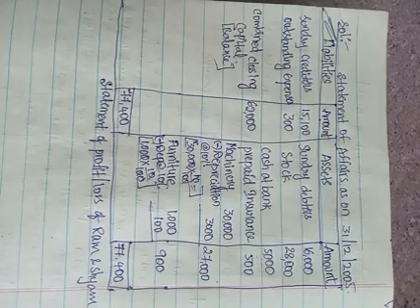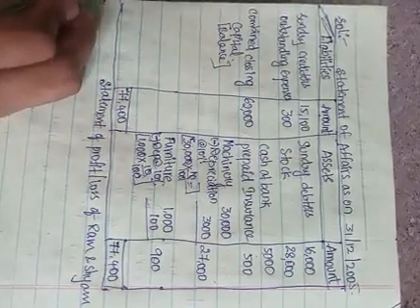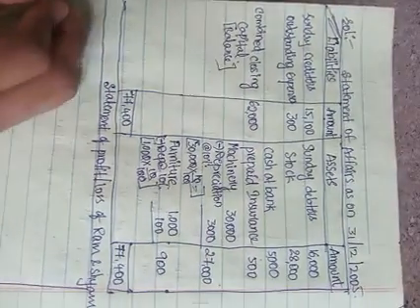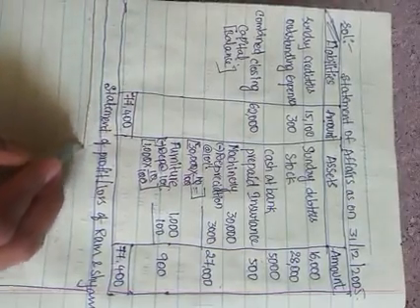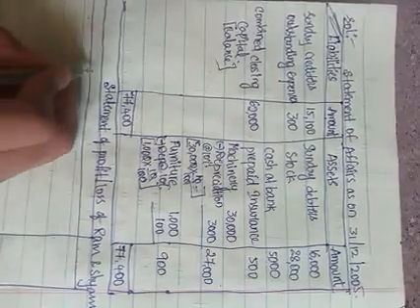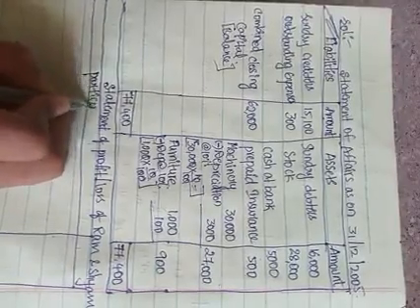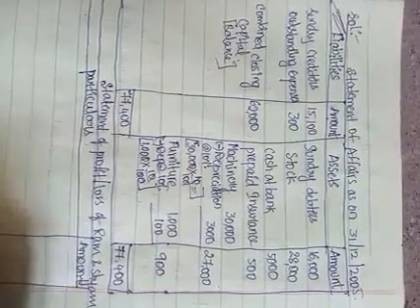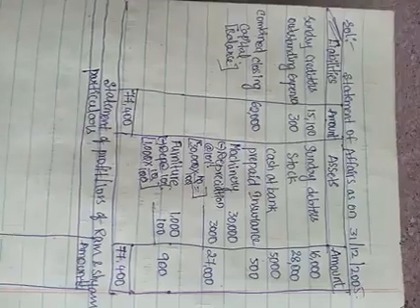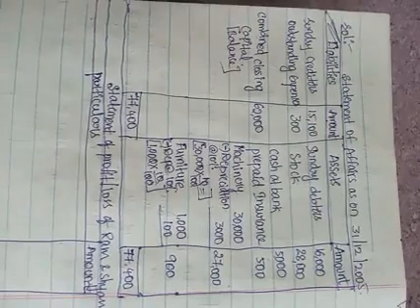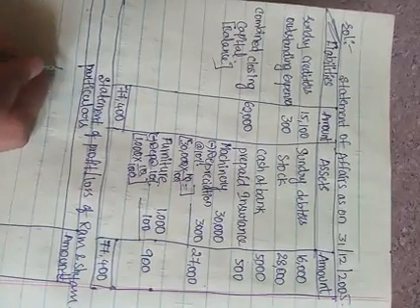Pro forma is particulars, amount. So we'll take the closing capital na.